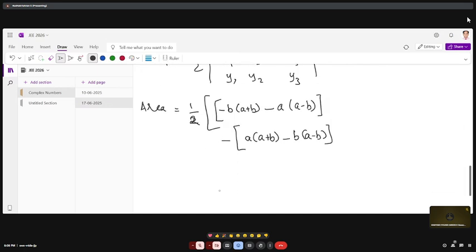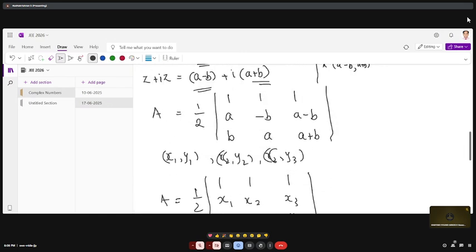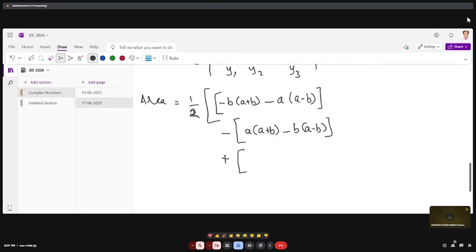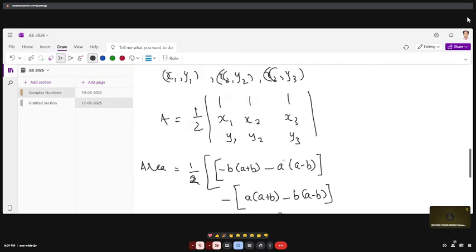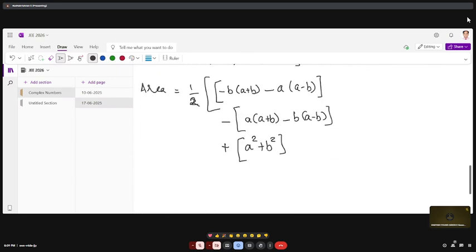Okay. Then plus, what is the third term? Again, this is plus 1, plus 1 into a square minus b square. That means a square plus b square. So this whole thing, you simplify.